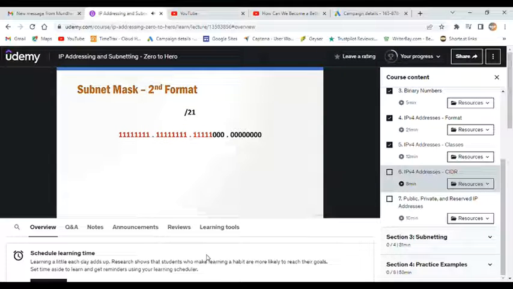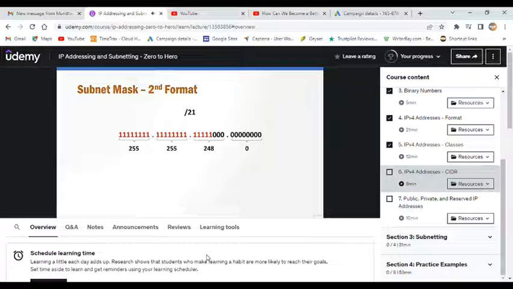And the way you would type that in when configuring a router would actually be like this. You would translate the binary numbers into decimal values, and that would look like this.